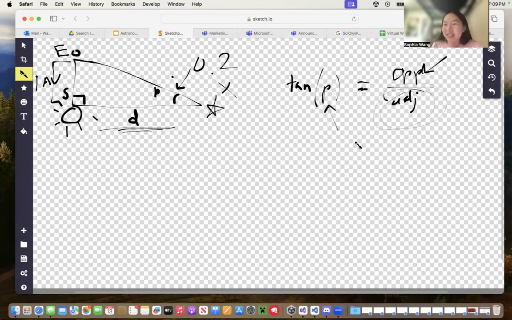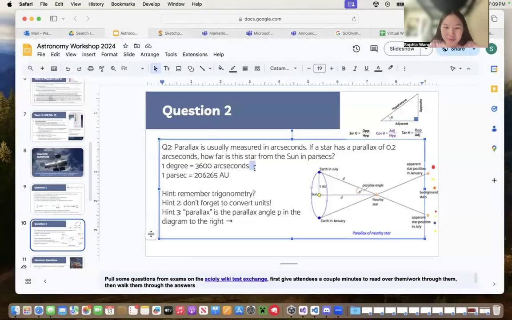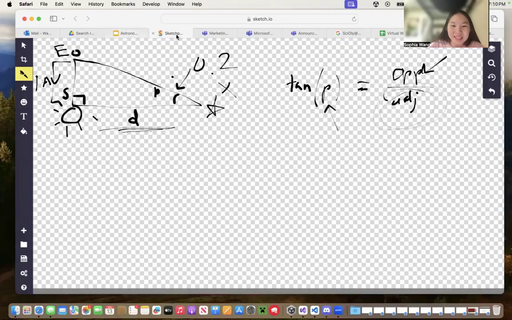But we can't actually calculate the tangent of 0.2 arcseconds yet because no calculator that you probably own can do that. So we're gonna need to convert first. We're gonna convert units from arcseconds to degrees because most calculators do accept degrees.